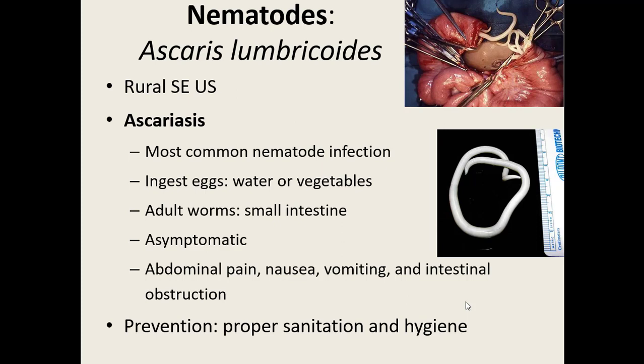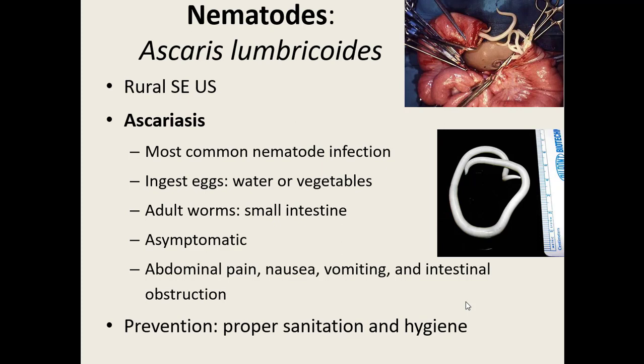We don't have a lot of cases around here because it likes warmer climates. But there's usually about 1 billion people every year that are infected with this particular organism. It can grow quite large, you can see that by the pictures. It's not uncommon that these could be 13 or 14 inches long for just one worm. And you never have just one worm.